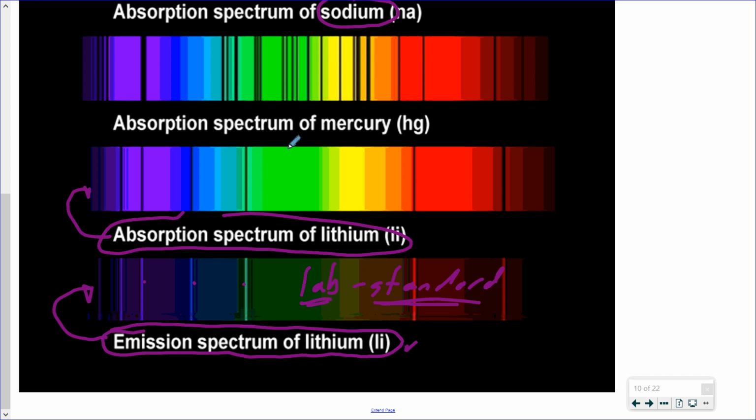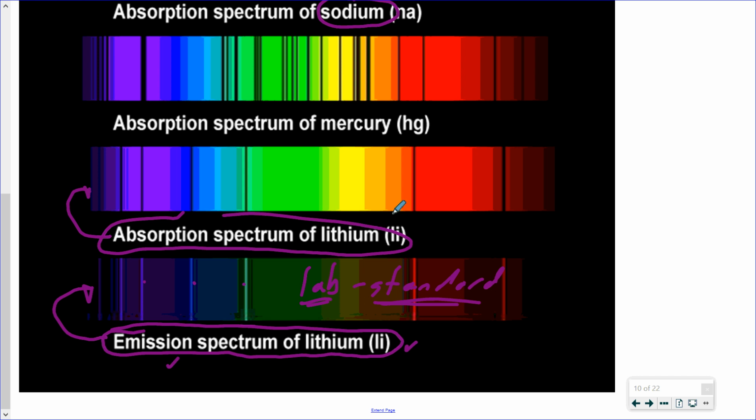Now we take a look at this absorption spectrum. So again, let's pretend that this is using our spectroscope and we're taking a look at a star. We don't see all of the colors, but we see these dark bands. Now notice that the dark bands in the absorption spectrum actually match up perfectly with the bright bands from the emission spectrum.